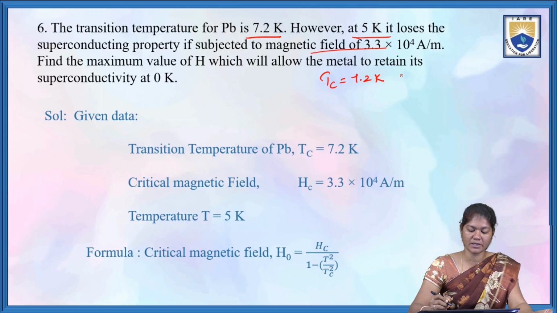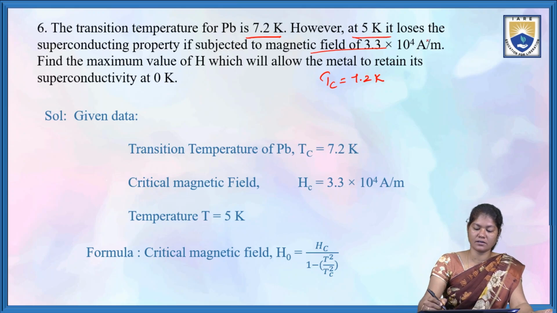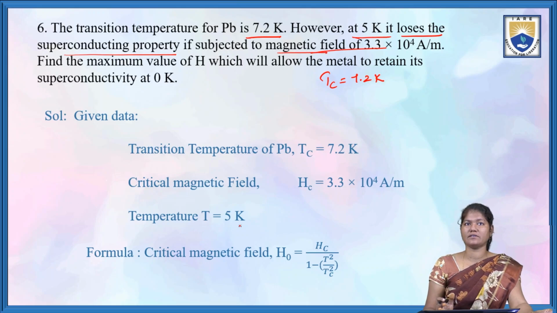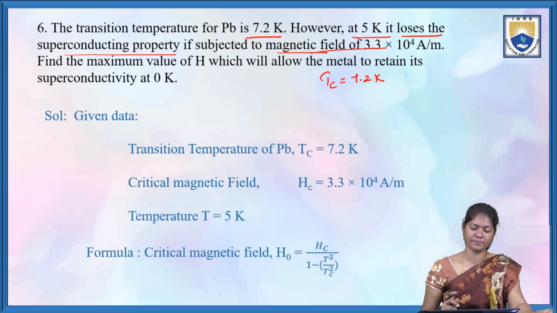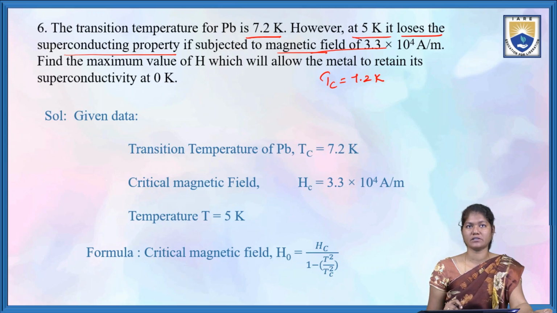And then critical magnetic field: where the superconductor loses its superconducting property and changes to normal conductor, that particular magnetic field is called the critical magnetic field.